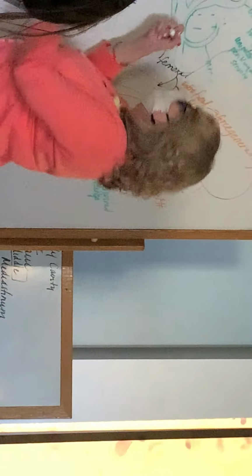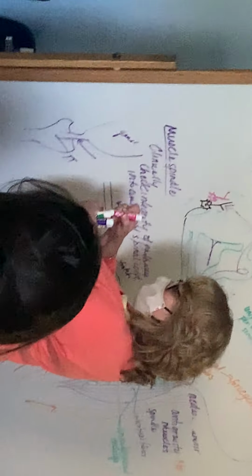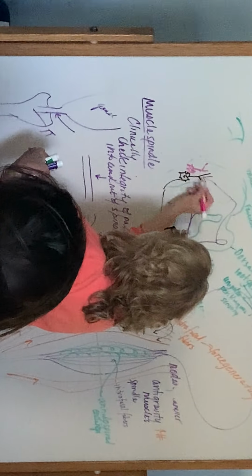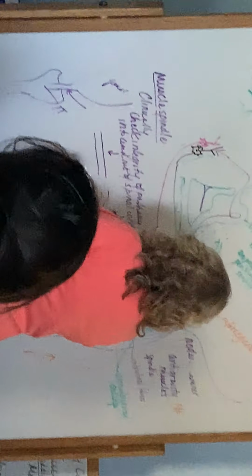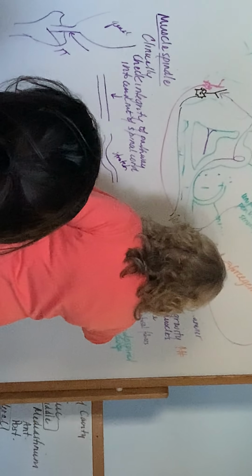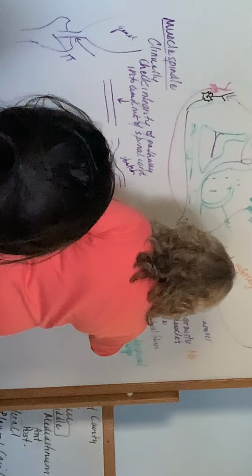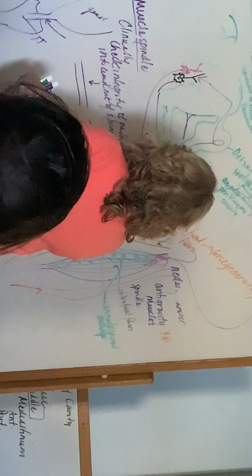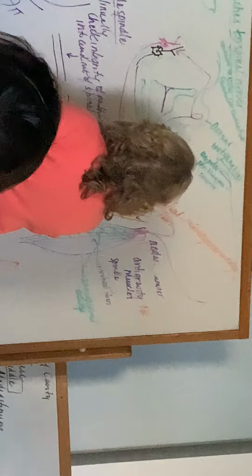So when the purple comes in, there's a little pink guy, right? Now what's he called? If that's an alpha motor neuron, what's he? A gamma motor neuron. So the little gamma motor neuron is going to come out and go to the intrafusal fibers, whereas the first one was an alpha motor neuron.